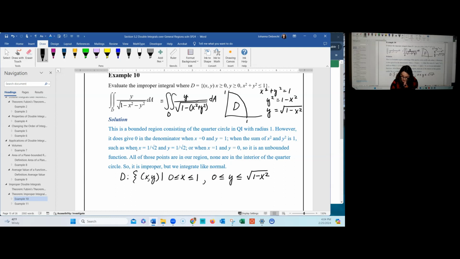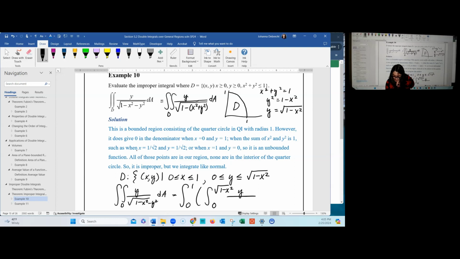Then we can set up our improper integral. Our double integral of that particular function can be written as an iterated integral, such that the outside integral goes from 0 to 1 with respect to x, and the inside integral goes from 0 to the square root of 1 minus x squared with respect to y.